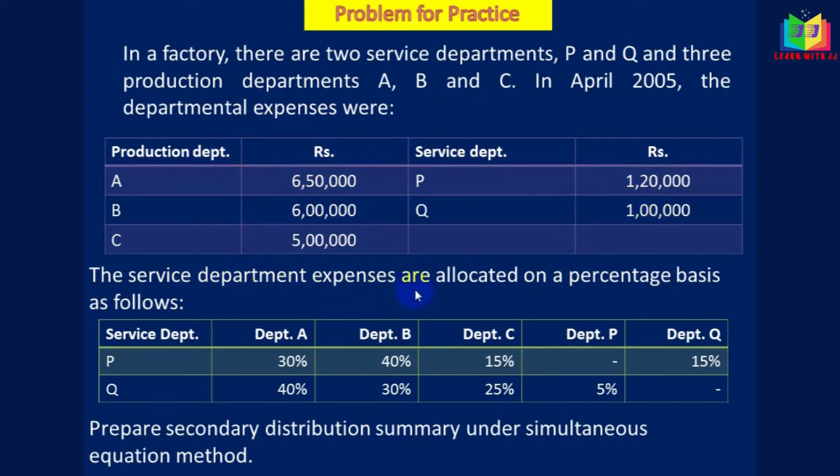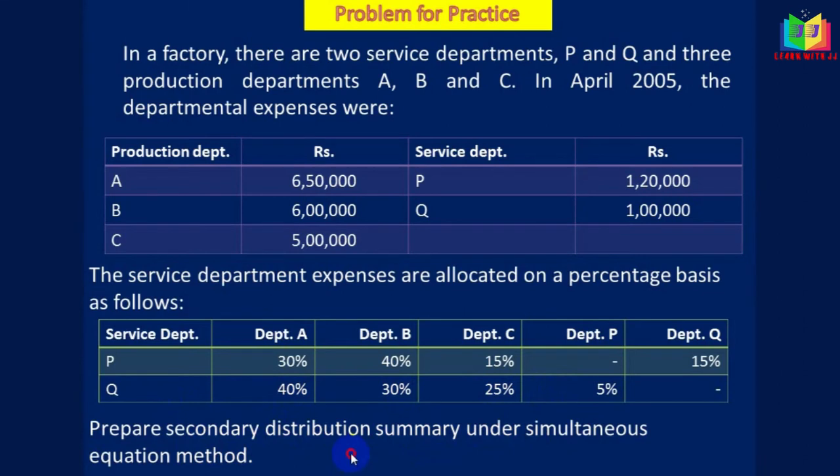The service department expenses are allocated on a percentage basis as follows. Based on this percentage, P's overhead is allocated to A, B, C and Q, and Q's overhead is allocated to A, B, C and P. Prepare the secondary distribution summary under the simultaneous equation method.